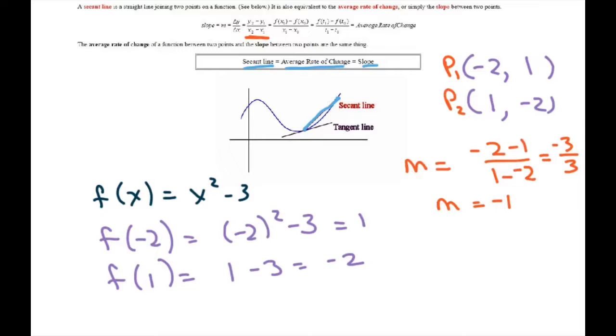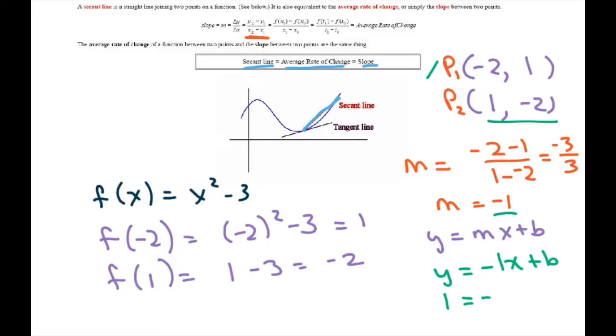Now to get the equation, we're just going to use y equals mx plus b, and our slope is -1. To find your b, plug in one of these. It doesn't really matter. I guess I'll plug in the first point. So we get 1 equals -1 times -2 plus b.